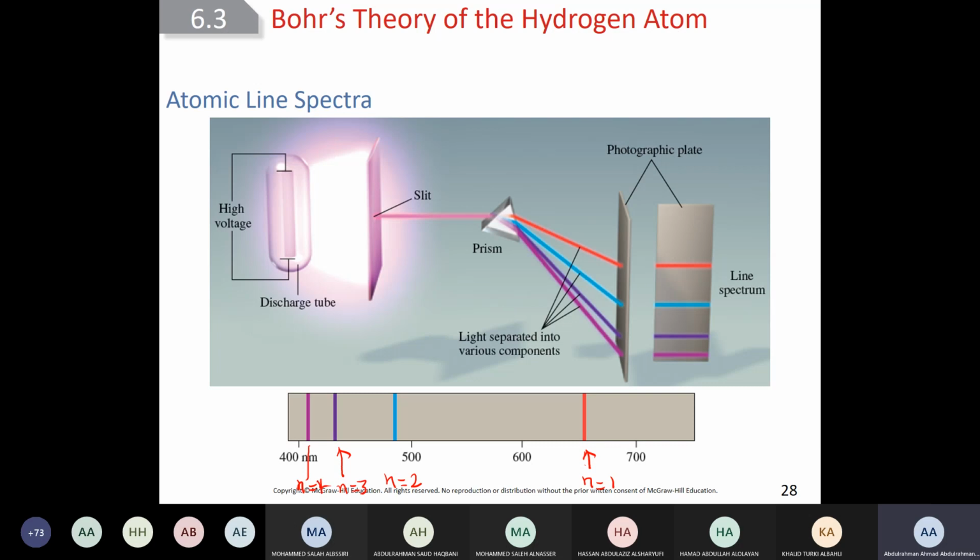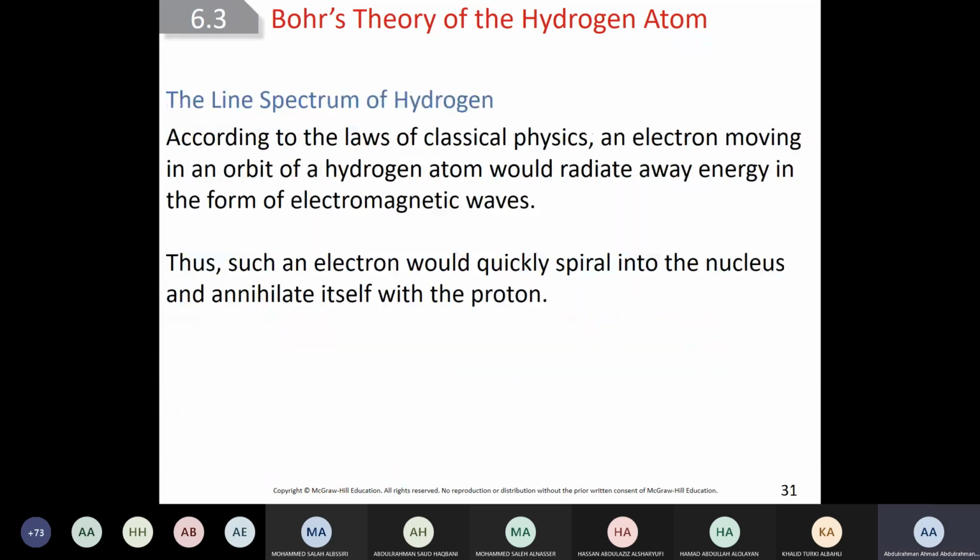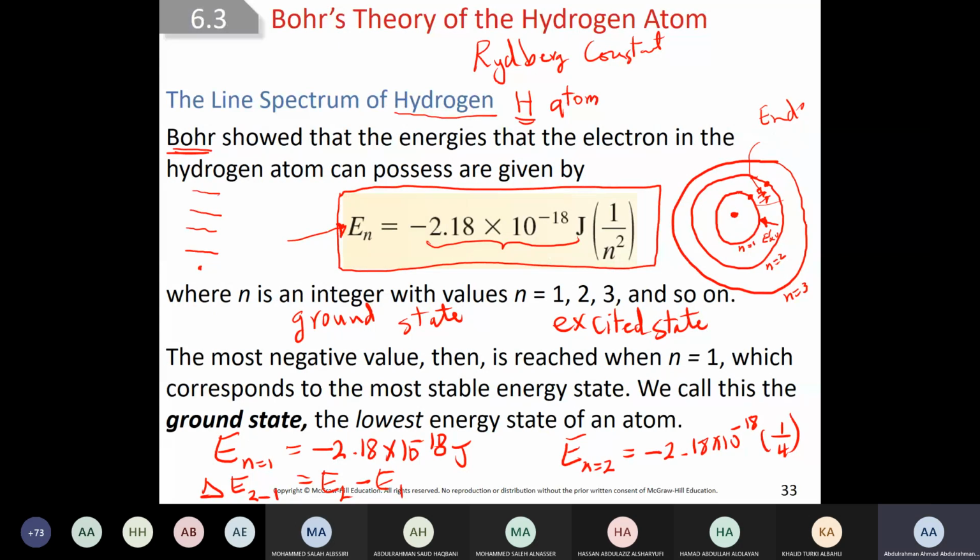Instead of the circle, I'll put them like energy levels. Clear? Where is the electron? It could be here. If it's here, what do we call this state? Ground state. If it's here, first excited state. This one, second, third, and so on.